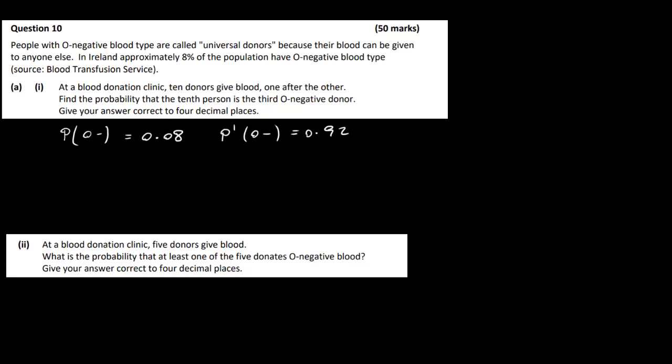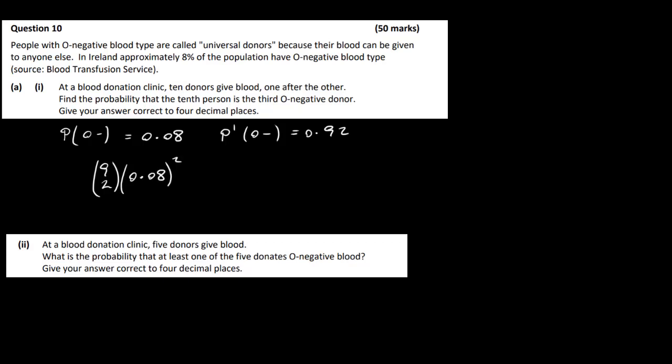Now, the extended version of this means that the 10th person is going to be O negative. That means we need, within the first 9 people, 2 people to be O negative. So we need to look at 9 choose 2. Probability of success is 0.08. We've got to raise that to the power of 2.